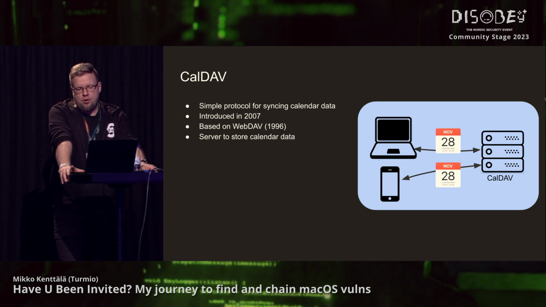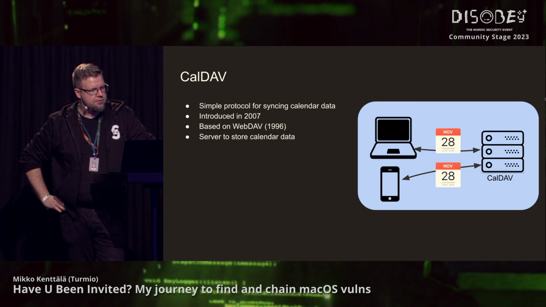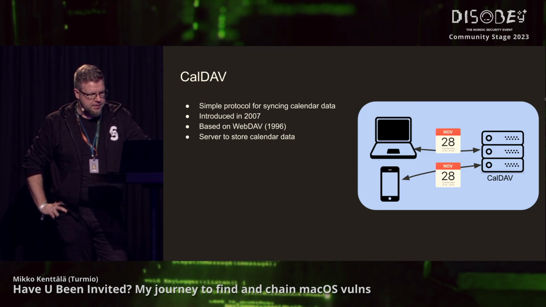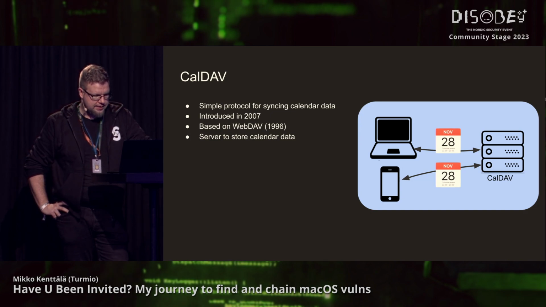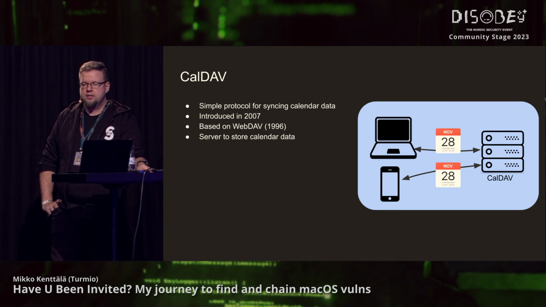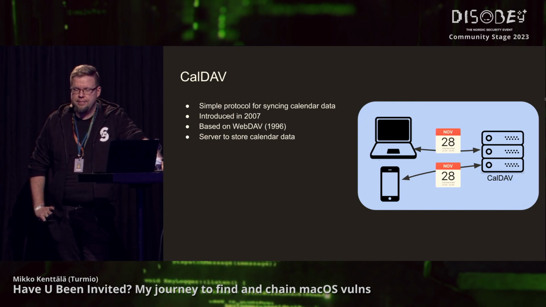Later on, there was support for syncing the calendars, and CalDAV was introduced. Based on Wikipedia, it was introduced in 2007, so much later. However, the technology behind it is based on WebDAV, which was introduced in '96. The fundamental idea is rather straightforward. A CalDAV server is an HTTP-based service which receives and provides those ICS files to the clients.